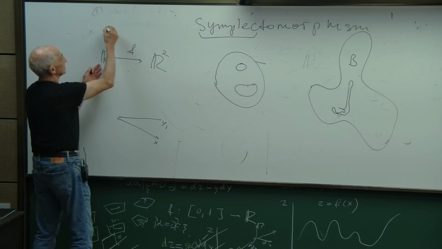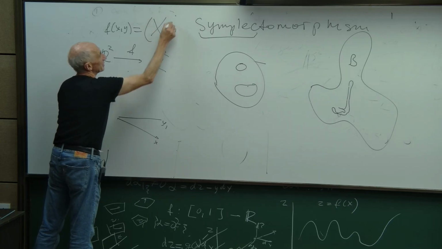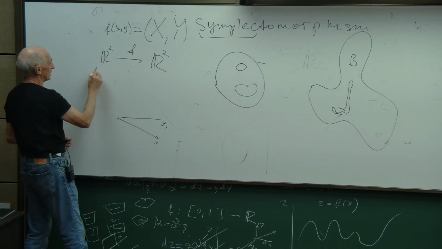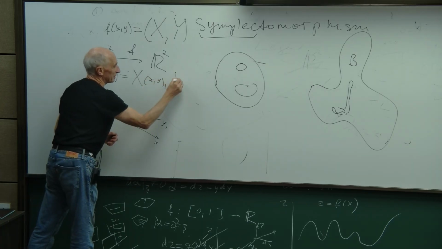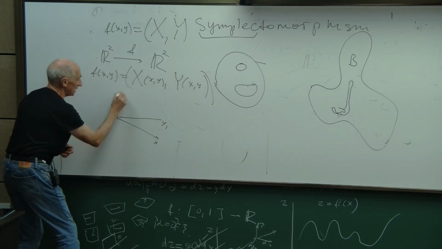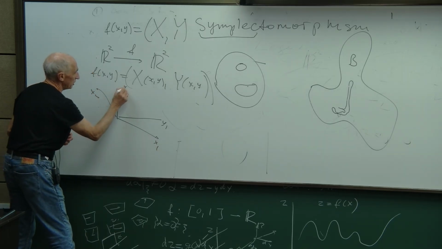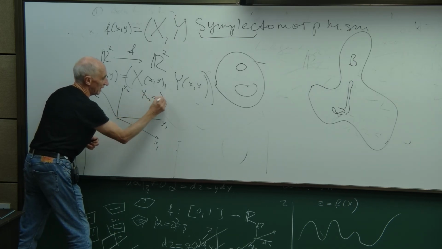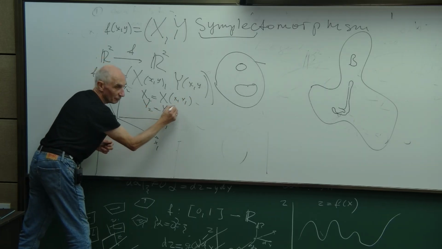For instance, f of (x,y) is given by, let me write X capital and Y capital as coordinate functions, f of (x,y) equals (X(x,y), Y(x,y)). So you have two coordinates. You consider x1 and x2, and here you have the graph of this transformation, so you write x2 equals X(x1,y1), and y2 equals Y(x1,y1).